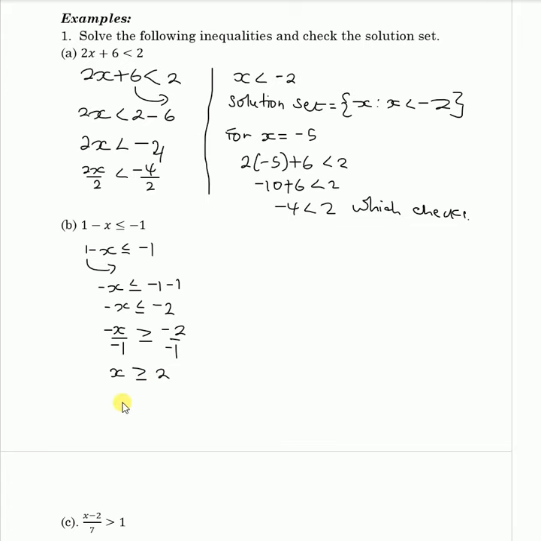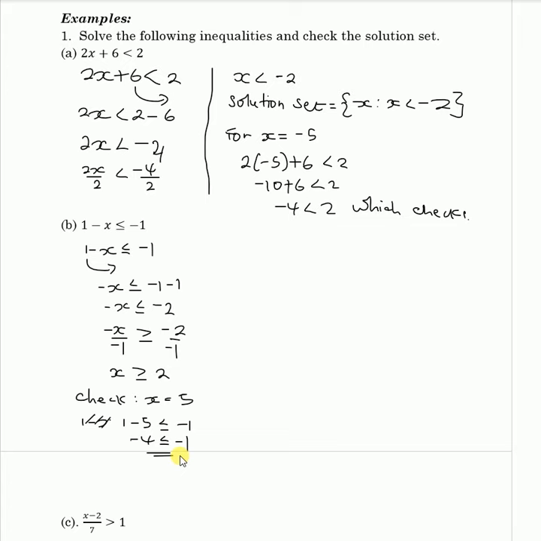Let us check with x equal to 5, a number greater than 2. So we have 1 minus 5 is less or equal to negative 1. What is 1 minus 5? That is negative 4, is less or equal to negative 1.